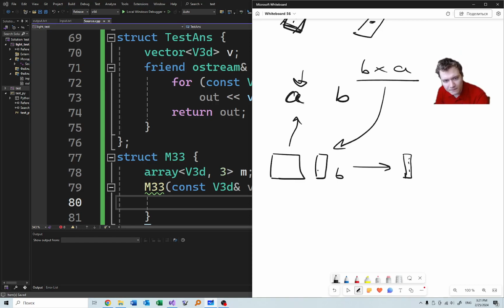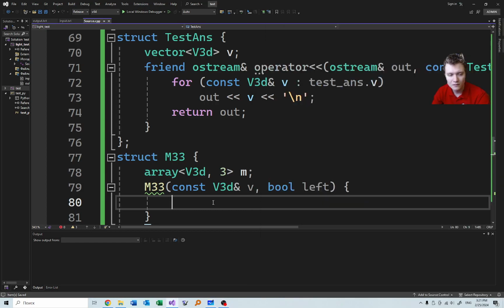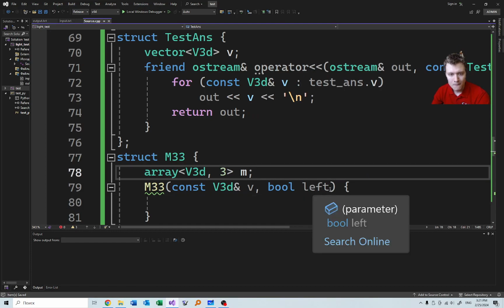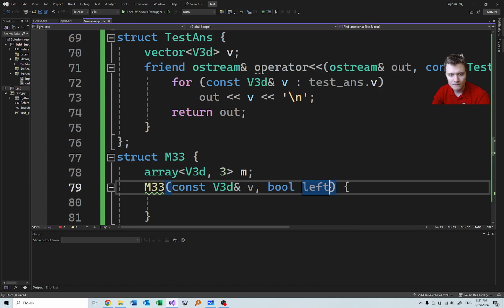So here we need AY BZ minus AZ BY. So we need 0 minus AZ BY. I see.